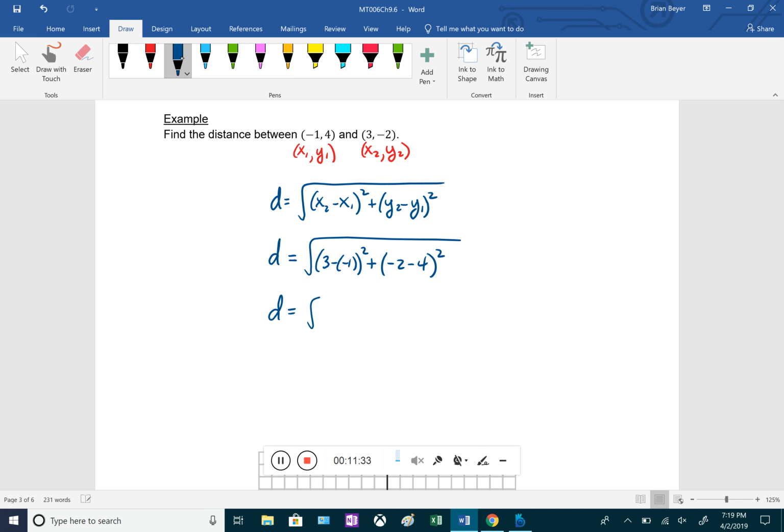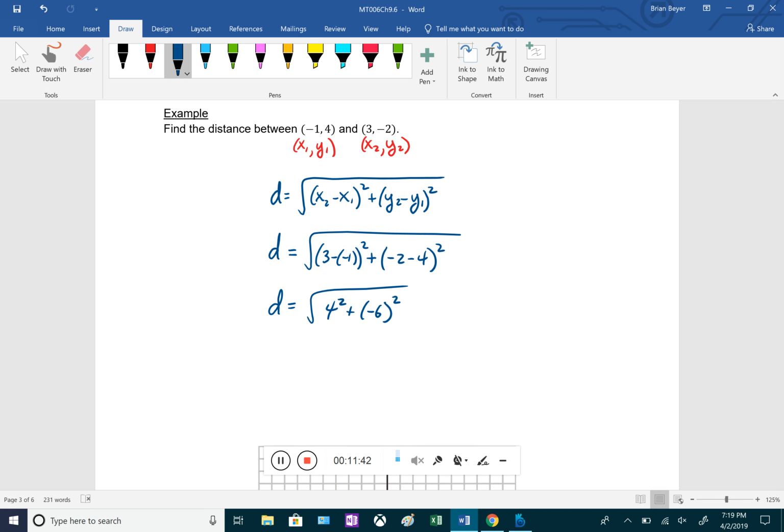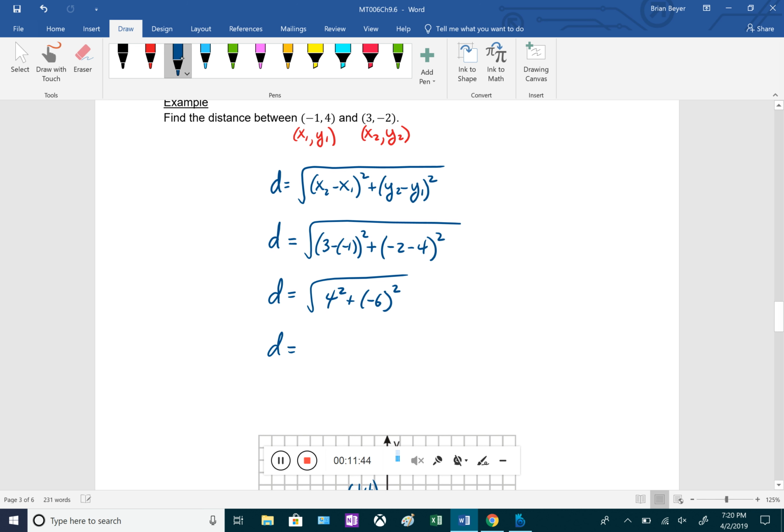So that's going to be 3 minus -1 is positive 4, and then plus -6 squared, -2 minus 4. And this gives us 4 squared is 16, -6 squared is positive 36.